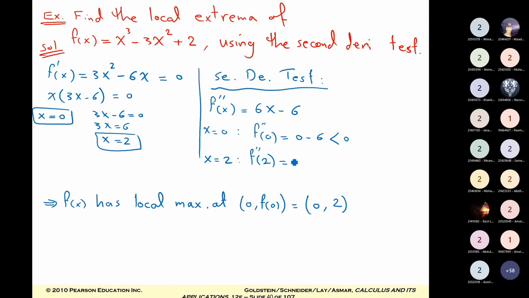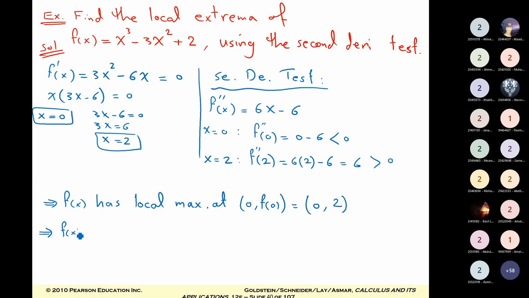We have 6 multiplied by 2 minus 6, so we have 6. So this is positive. When we substitute the stationary point in f double prime and we have f double prime positive, we can conclude at this stationary point maximum or minimum?